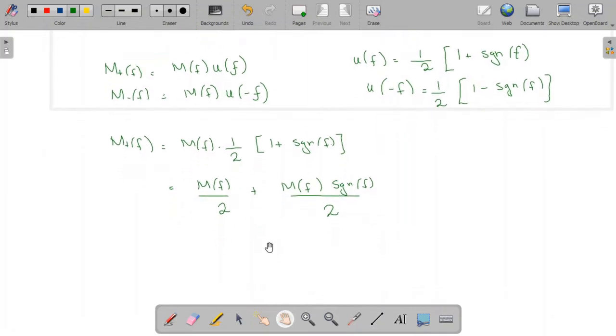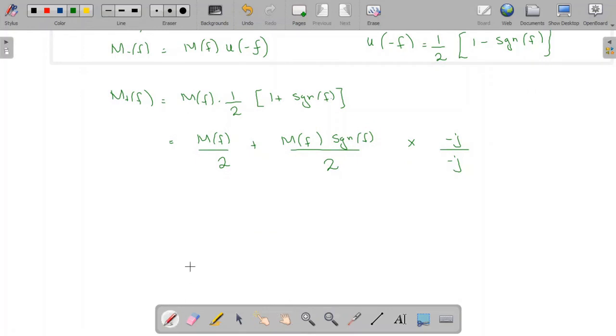Now what I am going to do is multiply and divide this with minus j. After that, this is going to become m of f divided by 2, and now this can be written as 1 divided by minus 2j.